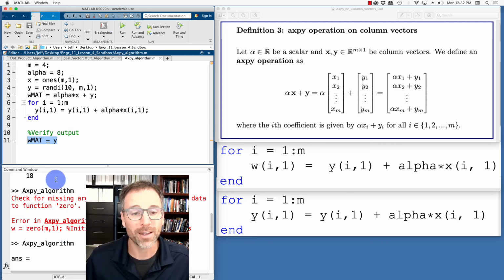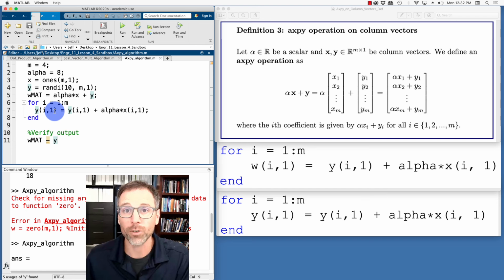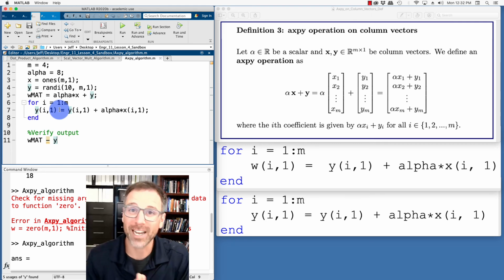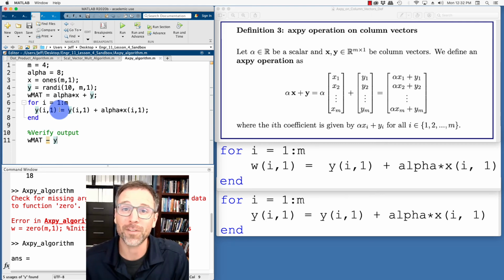Notice it's the same thing. This algorithm produces the exact same result. It's just where things are stored in memory. This is going to be particularly useful later. And if you all decide to really get excited about this stuff, there's a really rich history of how to implement linear algebraic operations on machines in optimal ways.